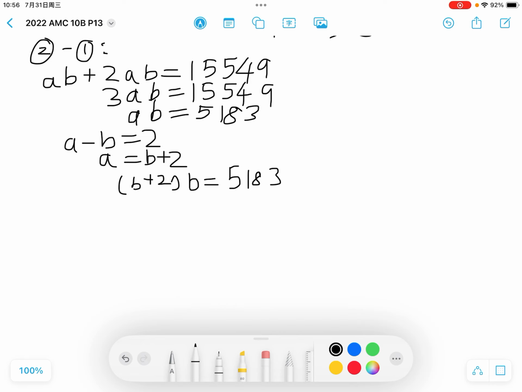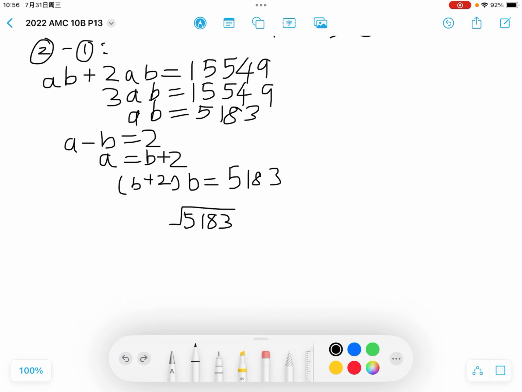It's not that easy, but after some trial and error, you know that B is going to be 71. Since A and B are both prime numbers and their product is 5,183, you want to find a number that's really close to the square root of 5,183 for B plus 2 times B to be 5,183.